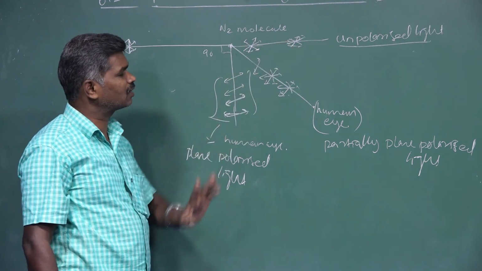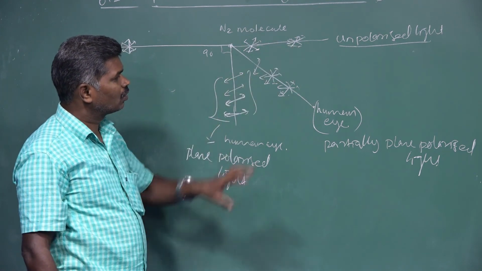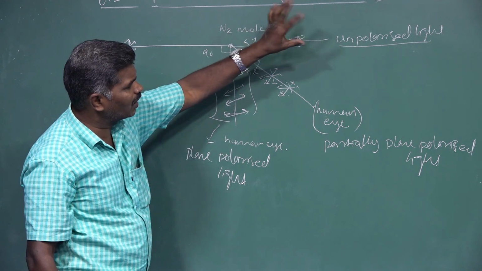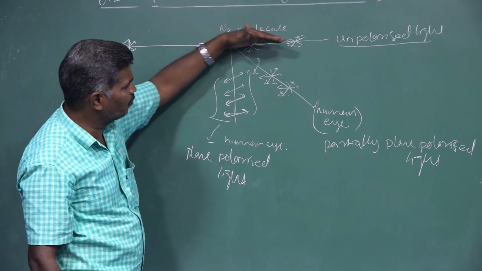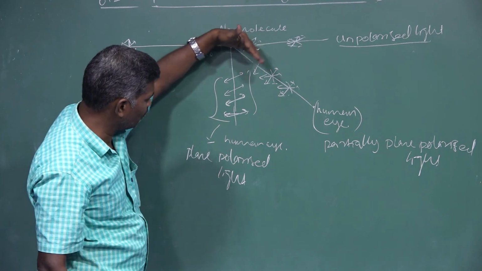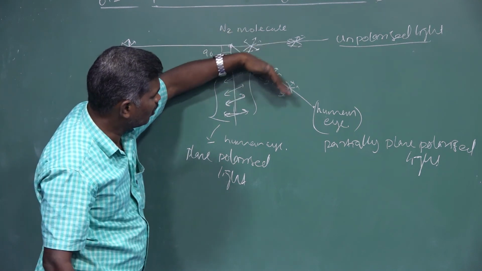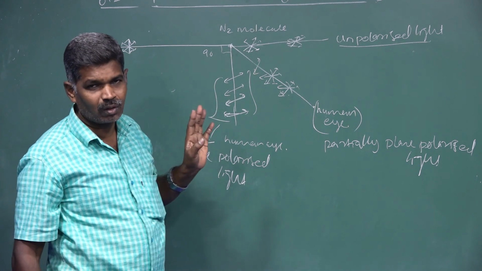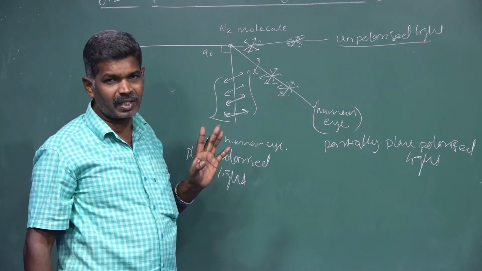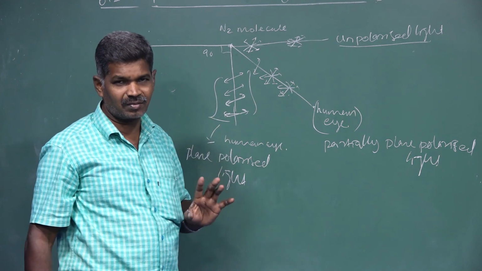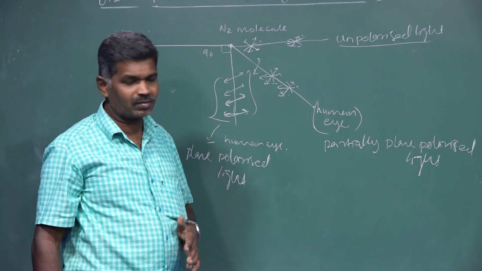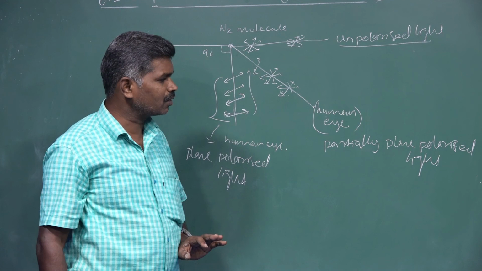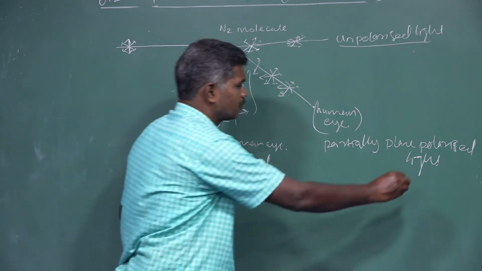In the straight direction, we get unpolarized light. In between, we get partially plane polarized light: in some places one direction of vibration, in other places all perpendicular directions of vibration.